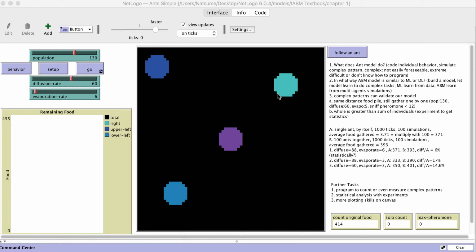And then the model can show us how the ant colony as a whole behaves. It will show us complex phenomena, complex patterns. That is what this model tries to do. So first of all, let's look at what individual ants can do.